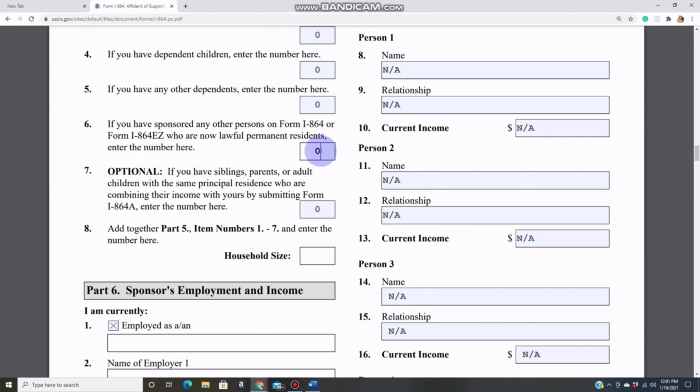But since my husband did not sponsor anybody here in the United States who became a resident, I write 0 in this space provided.